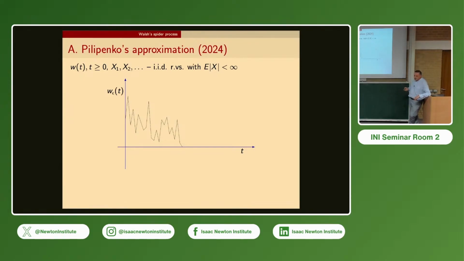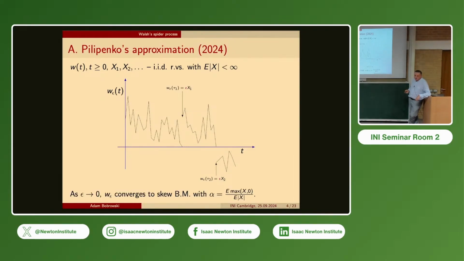Initially, this is like a Brownian motion, but we wait until the Brownian motion hits 0 for the first time. Once it does, we restart the process at a random point. This random point is epsilon times x1, where x1 is the first random variable. Then we run the process for some time again until it reaches 0. And again, we restart and let it run again. So it turns out that if you let epsilon go to 0, these approximating processes converge to skew Brownian motion with this parameter.